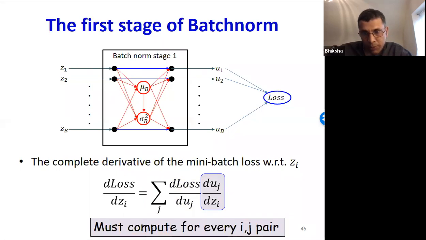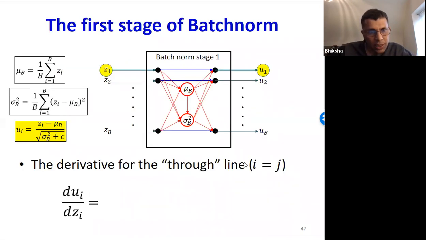So the really painful bit that we're left with is the computation of the derivatives of these U's with respect to the Z's for every combination of U and Z. So you need both the derivatives for these direct links, but also the derivatives for these indirect links. And the two are different, right? So let's first consider the derivative in the case of the direct link, right?